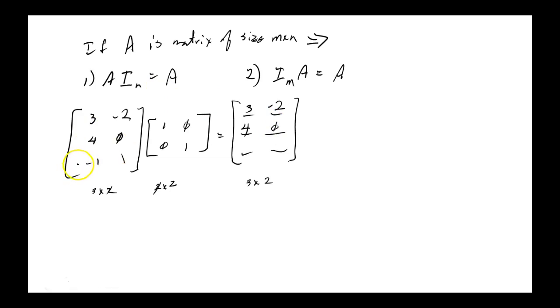And 3, 1 entry? Negative 1. And 3, 2 entry? 1. Yep. No doubt about it. They are the same. Okay?